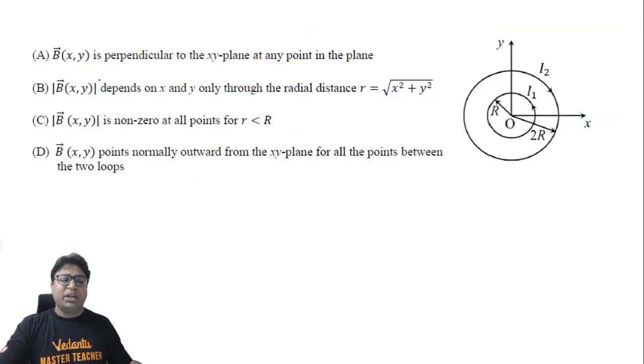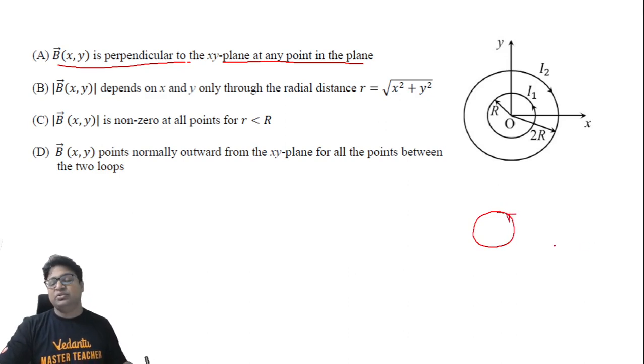Option A says that B is perpendicular to the XY plane at all points in the plane. So that seems correct because if a plane carries a circular current carrying loop, then in this plane field lines are either coming in or they are going out.